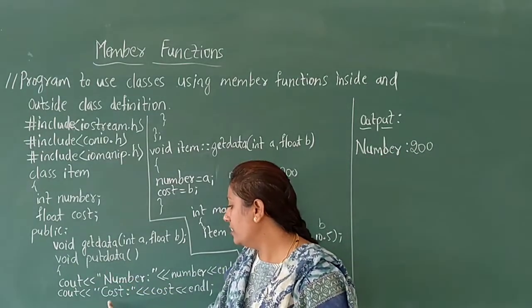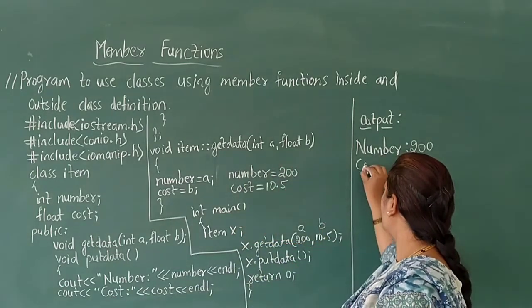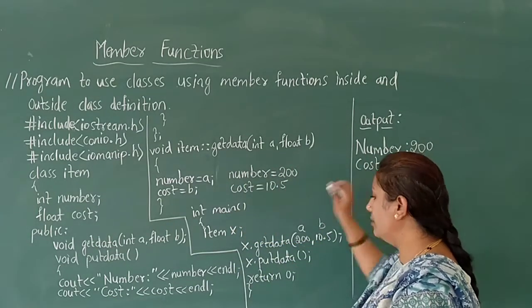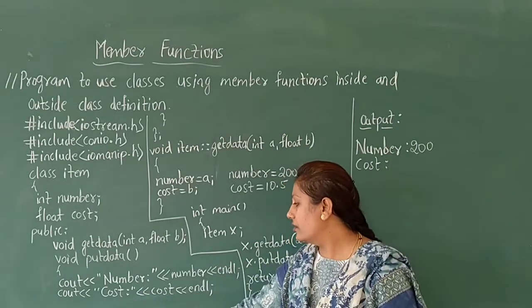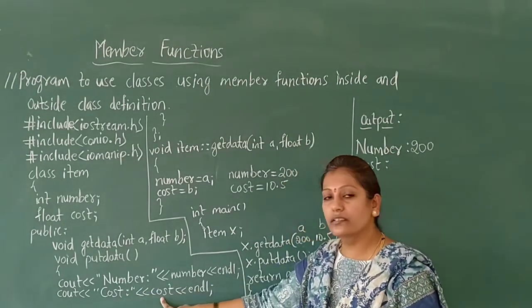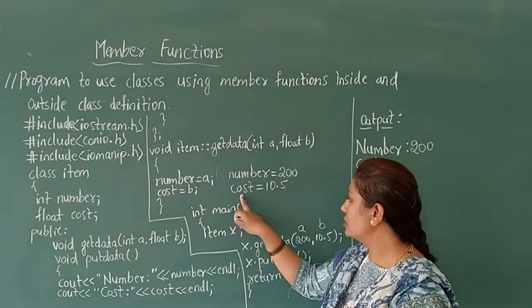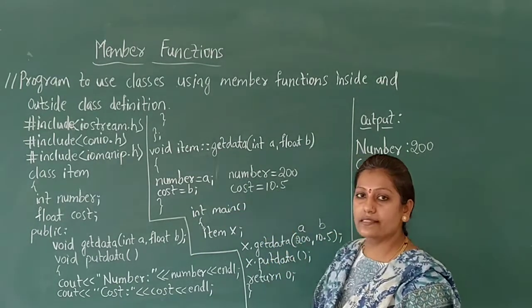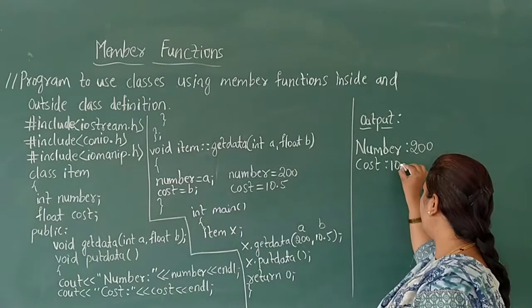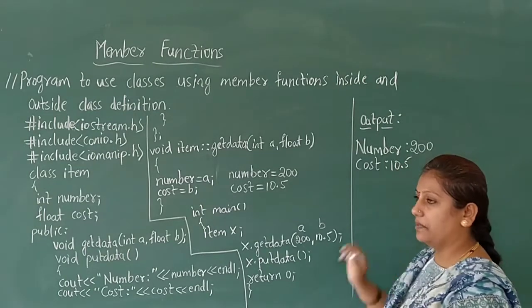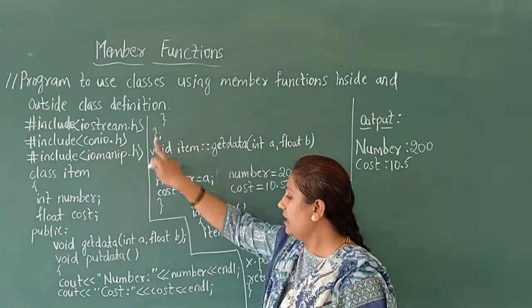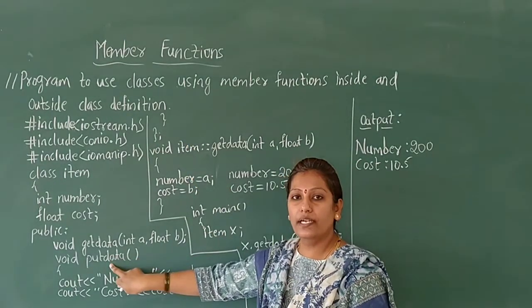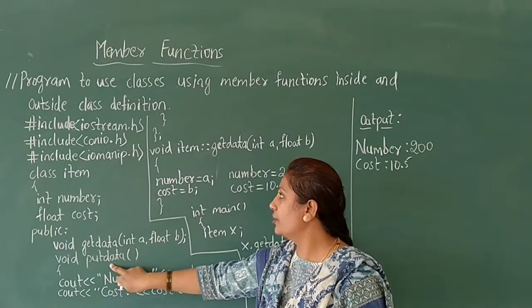Then the next statement, cost. It displays the cost value using the statement cost colon, then cost. The cost variable value is 10.5. The 10.5 is displayed. Then it ends the putdata member function execution.